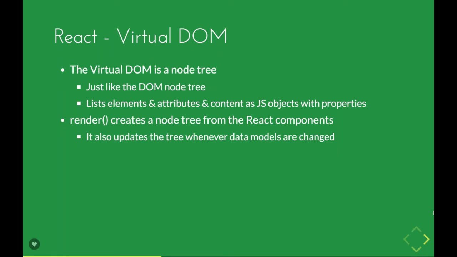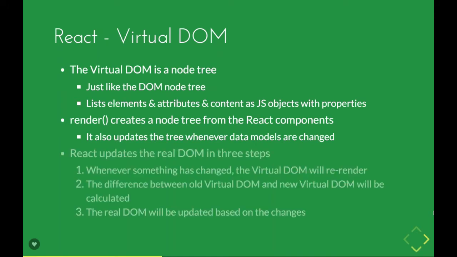When you call render, so each React component has a render function, it creates a node tree from that React component, whether it's just one single component or if you're rendering child components as well. It lists out this whole tree, and it also updates that same tree whenever data models are changed, so whenever you update state or change anything within the component.